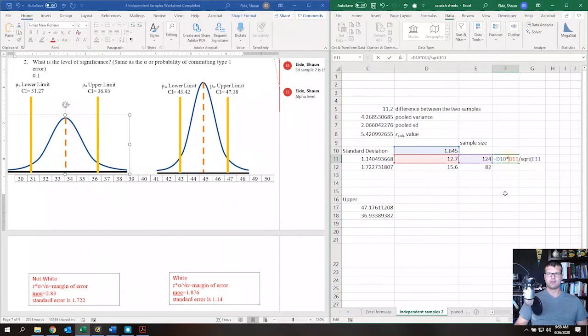Okay, and I'm going to put these in parentheses. Or the square root of the number of observations, which gives us a margin of error of 1.876 for individuals who are white.